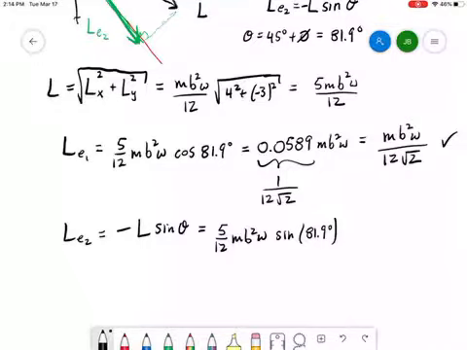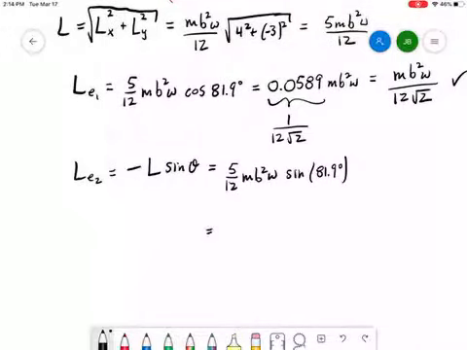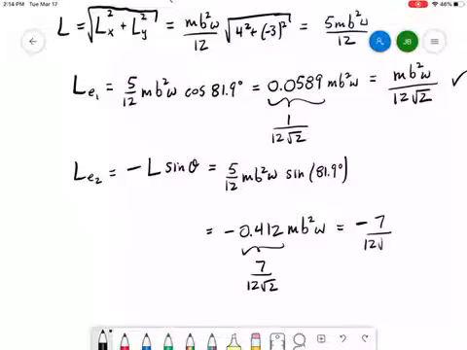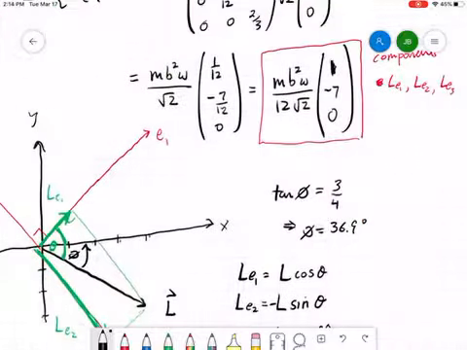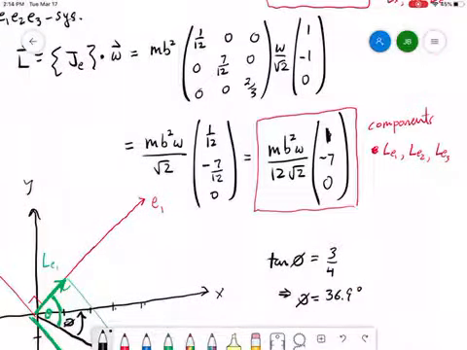If you punch that into your calculator, what you're going to get is minus 0.412 mb squared omega. And this 0.412 is the same thing as 7 over 12 root 2. So this is minus 7 over 12 root 2 mb squared omega. That's also what we calculated right here. So that minus 7 factor is right there.